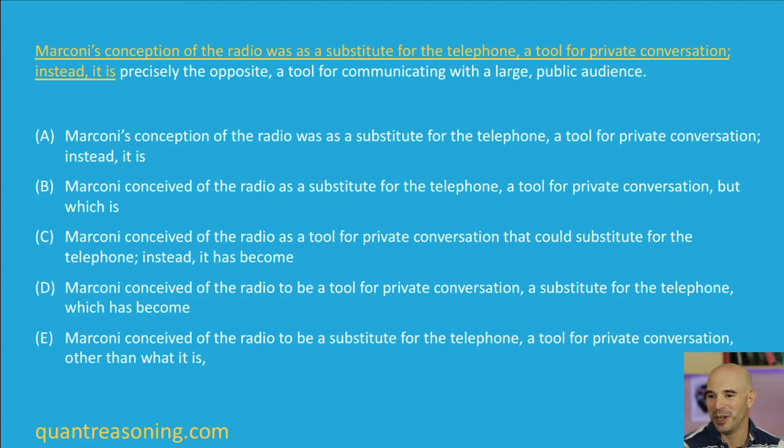Let's just look at E. "Marconi conceived of the radio to be a substitute for the telephone, a tool for private conversation, other than what it is." "It" referring to radio, "it" referring to telephone.